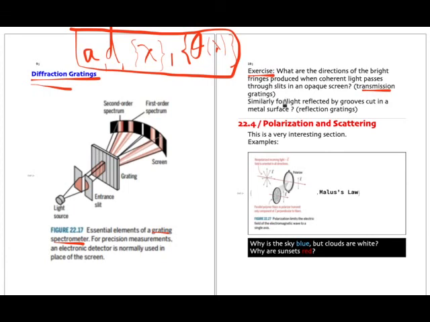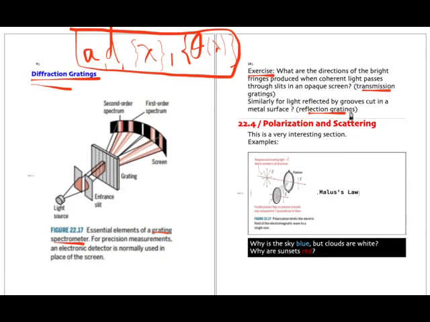grating. There's another kind of diffraction grating called a reflection grating, where you have the light not going through the metal, but reflecting from the surface of the metal. And you don't have complete apertures cut into the grating, making up the grating. You just have little grooves cut into the surface.